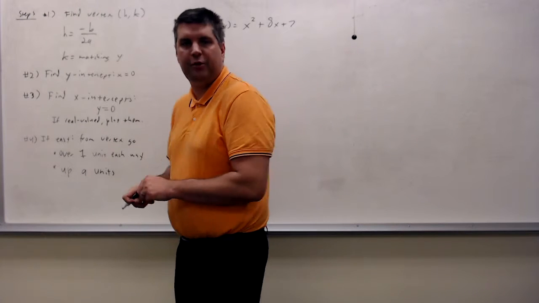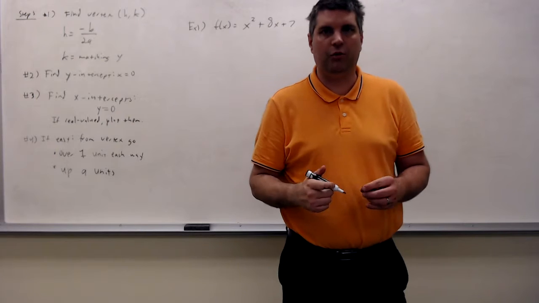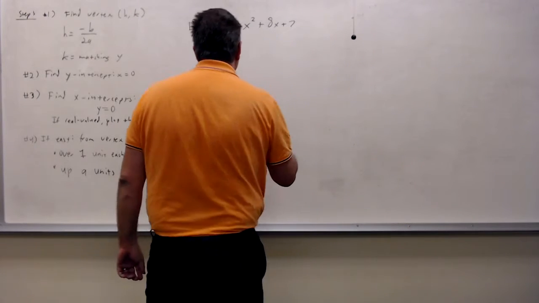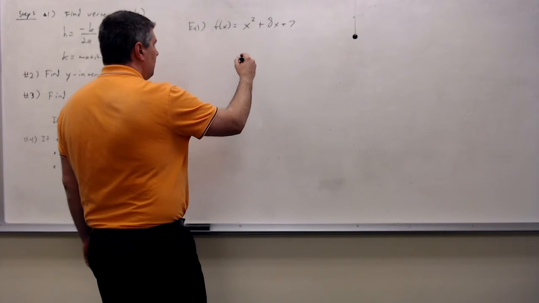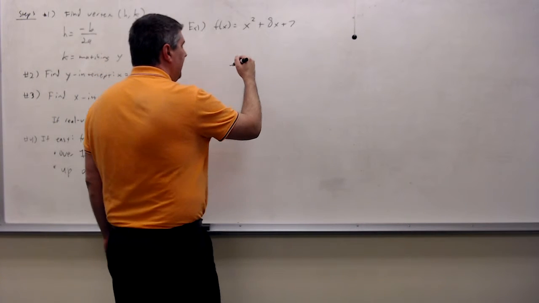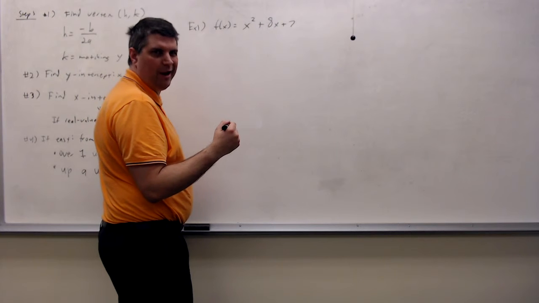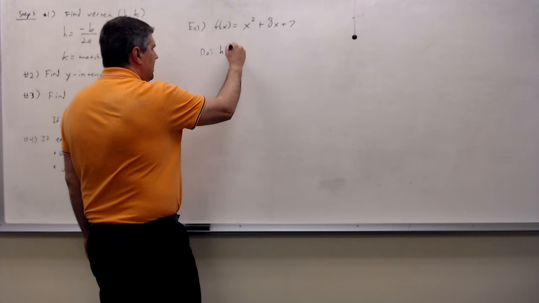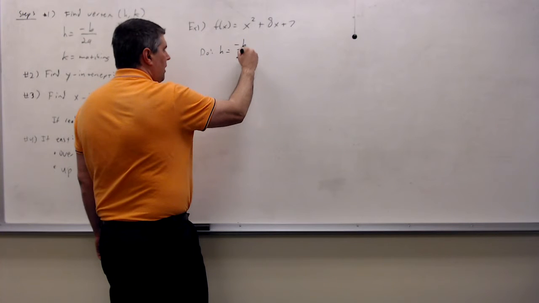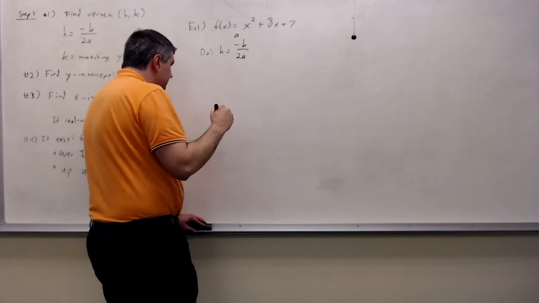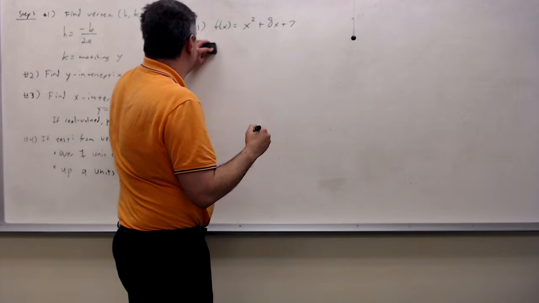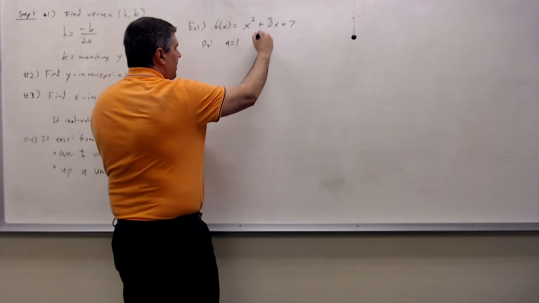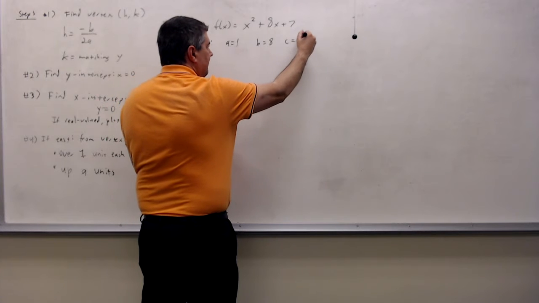Okay, there will be other things that I will do to make this easier, or to create a more complete picture that can't really be explained in words. So here we go. Do h equals negative b over 2a, where a is 1, 1x squared, b is 8, c is 7.